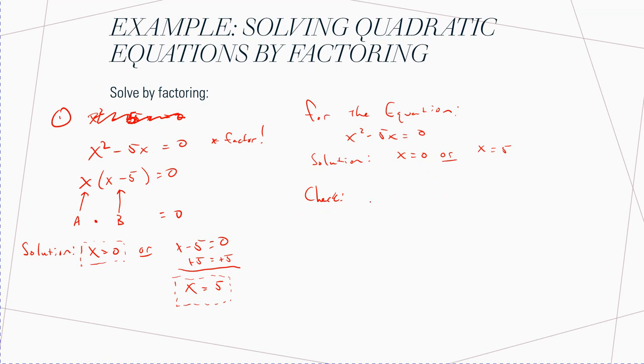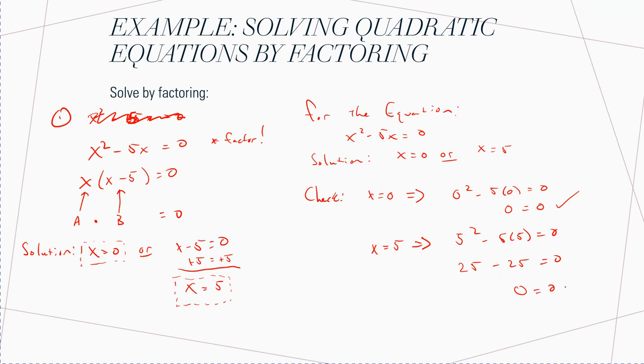So I'm going to plug 0 in. I have 0 squared minus 5 times 0. Yes, that does equal 0. Works out perfectly. How about x is equal to 5? I'm going to have 5 squared minus 5 times 5. Does that equal 0? Well, this is 25 minus 25. Yes, it does equal 0. Boom, it works out perfectly.